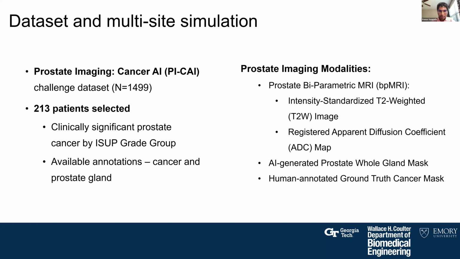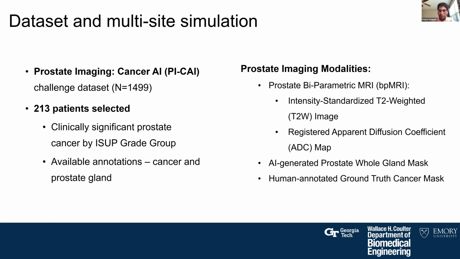In our study, we used the Prostate Imaging Cancer AI, or PICAI dataset, which consists of 1,499 patients. We only selected 213 of those patients because they had clinically significant prostate cancer determined by the International Society for Urologic Pathology grade group and available annotations for both their prostate cancer and their prostate gland.